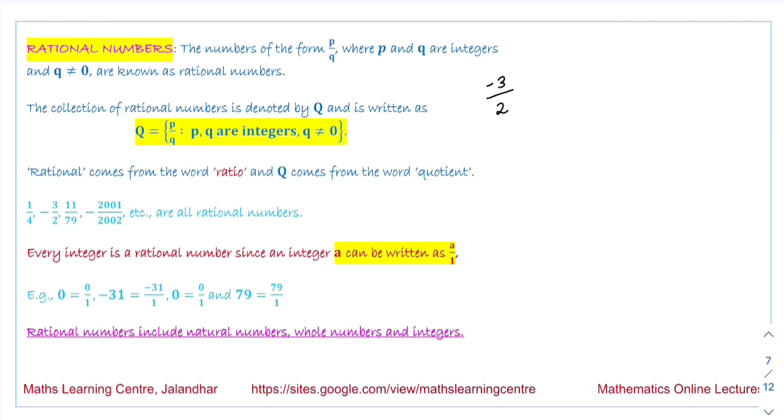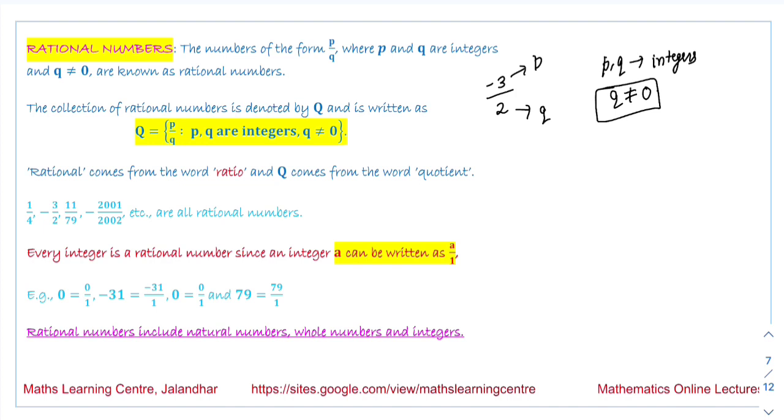This is a number in the form of p by q. P and q are integers, and q is not equal to 0. This condition is very important, that the denominator should not be equal to 0. Then the numbers which can be written in this form are called the rational numbers.